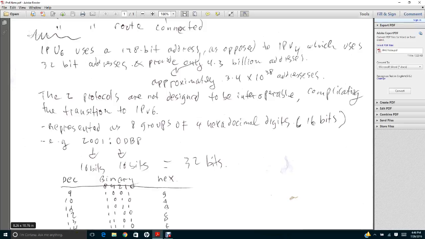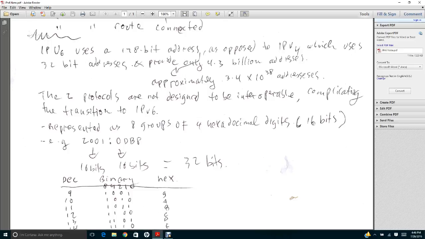The next one is 11. For 11 decimal, the binary number is 1, which is from the 8 here, then 0, 1, which is 2, plus another 1. So the binary number of 11 is 1011. The hexadecimal number is B.